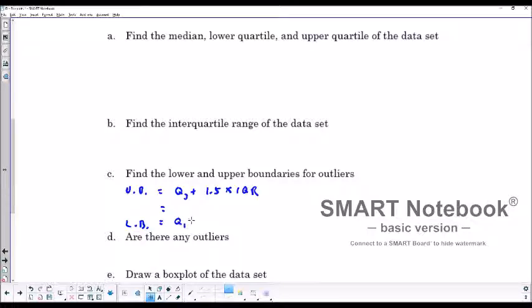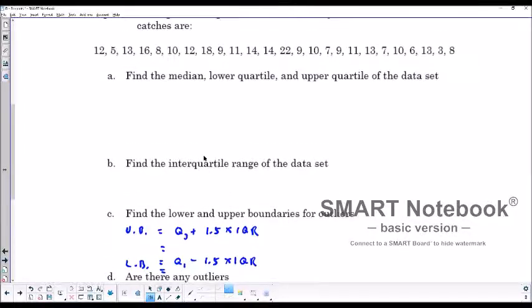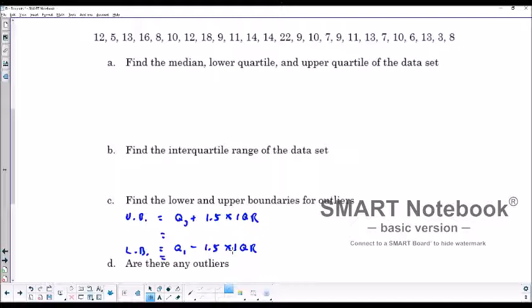We'll take Q1 and we'll subtract 1.5 multiplied by the IQR, and that will give us the lower boundary. And then we'll check the values that we have listed up here to see if there are any values that are above the upper boundary or below the lower boundary, and then those would be our outliers if there are any. Okay, so I'd like you to pause the video again, please, and we'll go through and put all these values into the calculator and come back and check your results in a second.